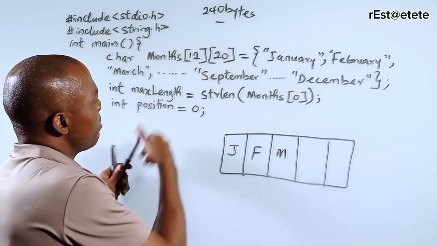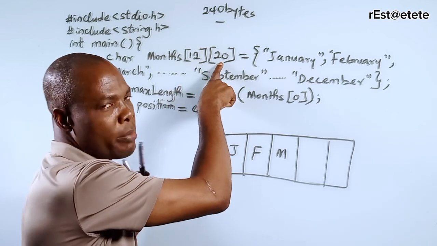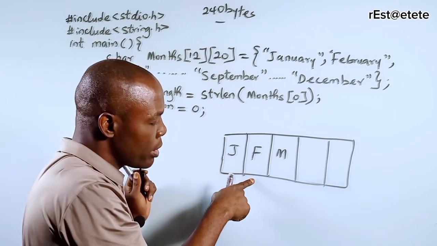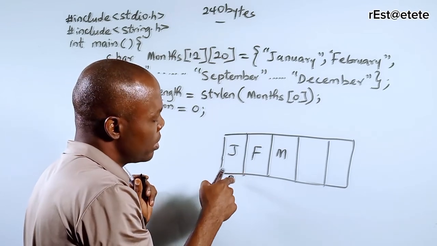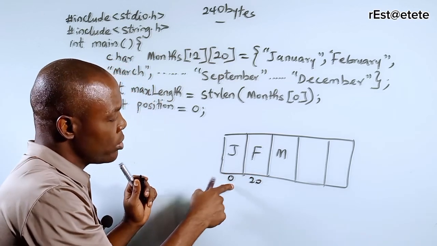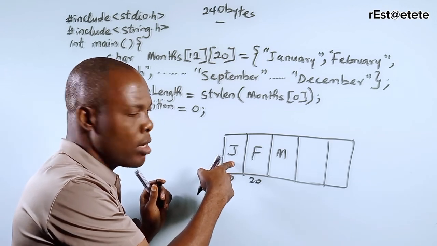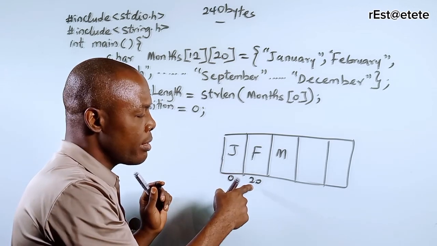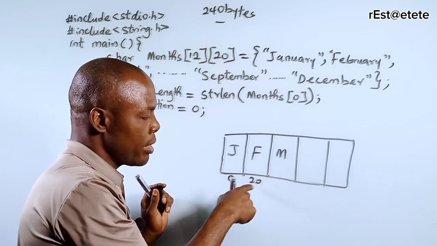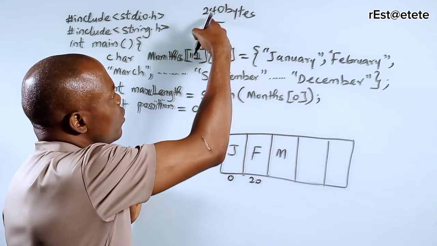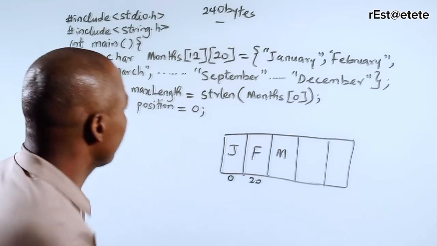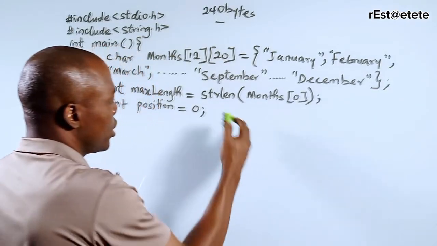If each character is 20 bytes, and this one is 0, this address will be 0 to 19, so the next one will be 20. 0 to 19 will take the characters of January, then the memory will start from the next one for February and count that. Total will be 240 bytes. So the position will be the index.